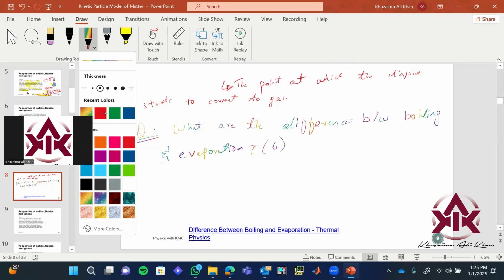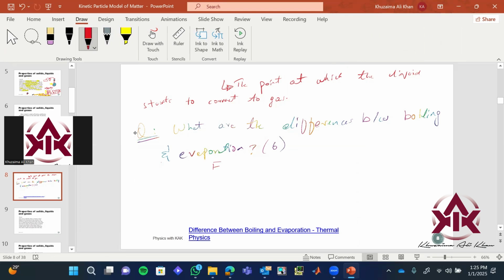So let me just make a table over here. We have evaporation here, and then we have boiling here, right? What is the first one? It basically occurs only at the surface.